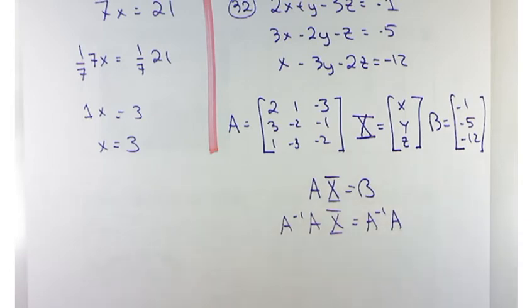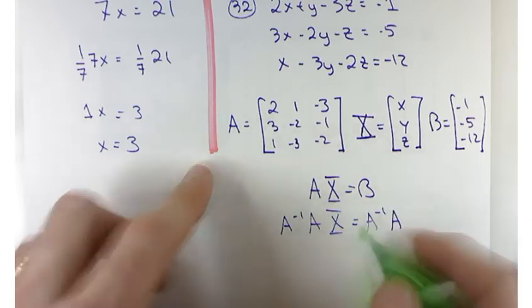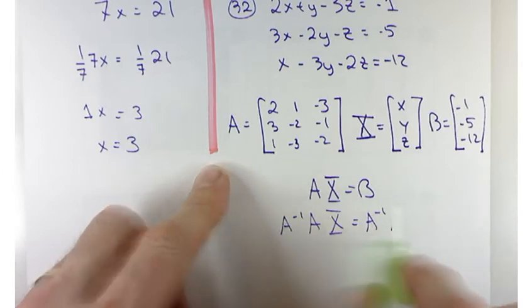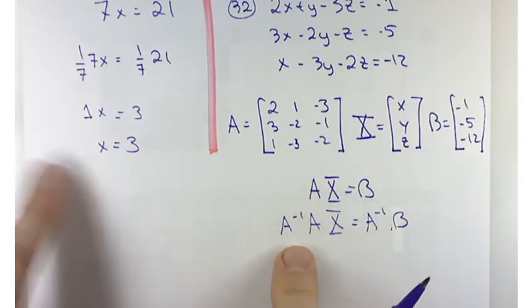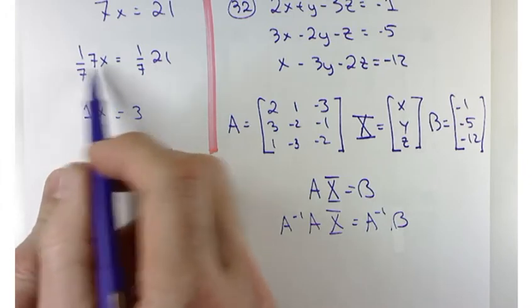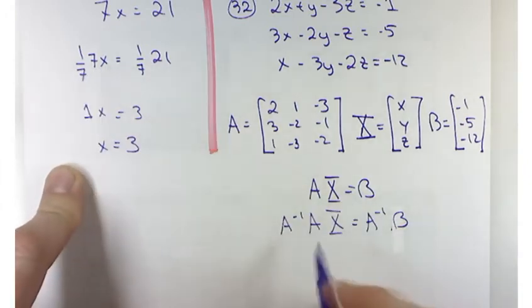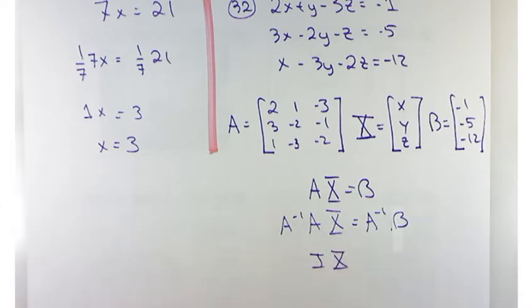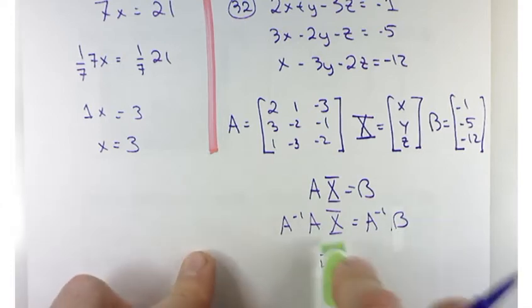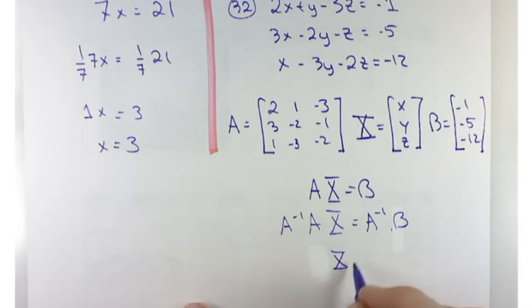And thinking too much ahead, that's going to be a B here. Now, what happens when you multiply something by its reciprocal or its inverse? You get 1. And I'm not even going to write that 1. Let's just get rid of that. And here's our solution. A inverse times B.